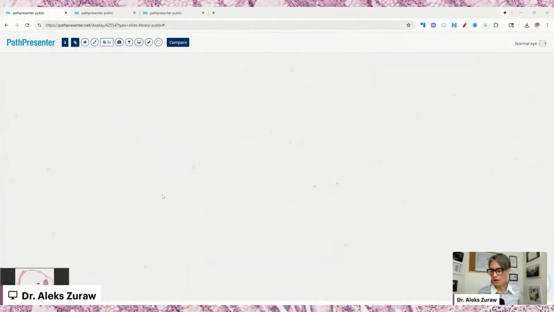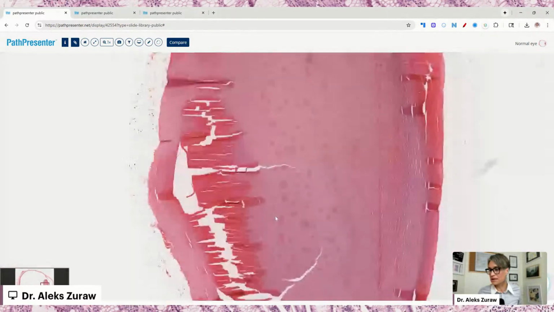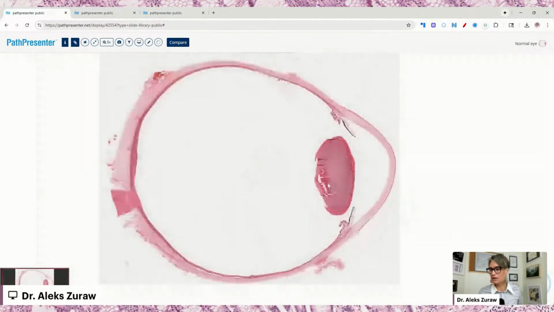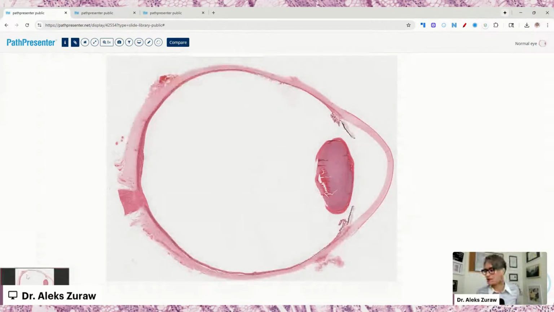Anyway, on the left here, you can see part of it is a little thumbnail. So to go somewhere specific, you can just click on this thumbnail. And this is something typical for digital slides. You usually have this little thumbnail where you can click and it's going to take you to a different part of the slide.